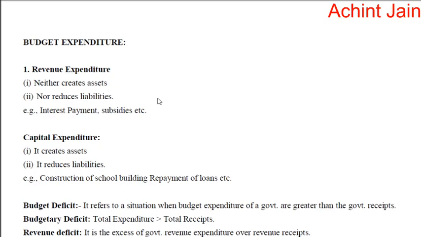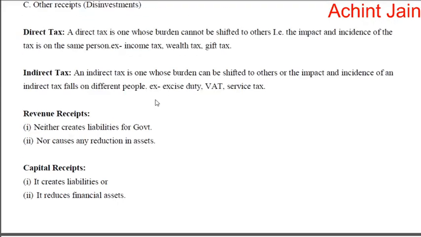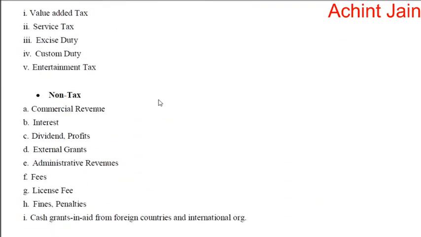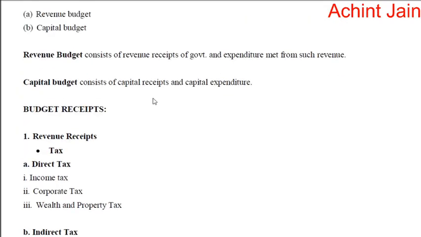Then we have the next component of the government budget, called the capital budget, because two components were there. The first one, the revenue budget, and all its parts we discussed. Now the second component is the capital budget.